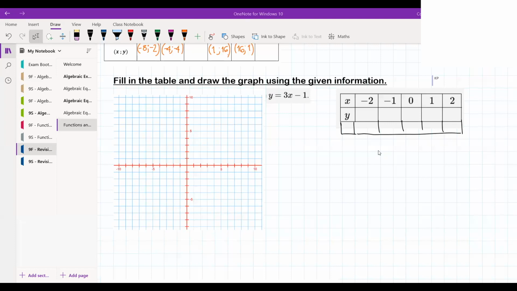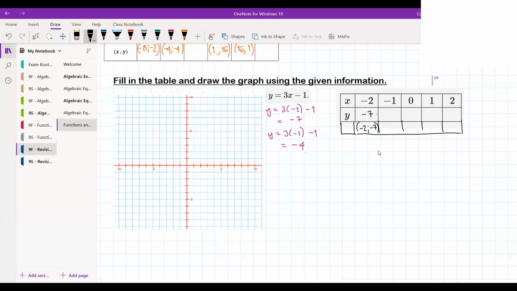All right, so if x is equal to -2, I'm going to get y is equal to 3 times -2 minus 1. That's going to give me -7. So over here, I'm going to get -7, and my coordinate will be, open brackets, -2, -7. If x is -1, I'm going to get y is equal to 3 times -1 minus 1, which is equal to -4.